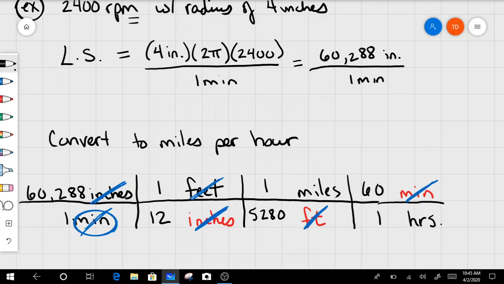Now let's multiply all. You're multiplying all the way across the top and you're multiplying all the way across the bottom.